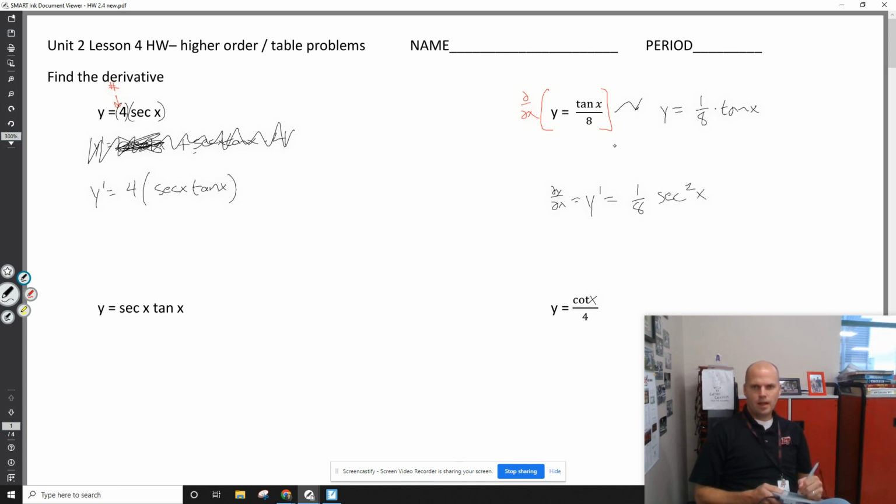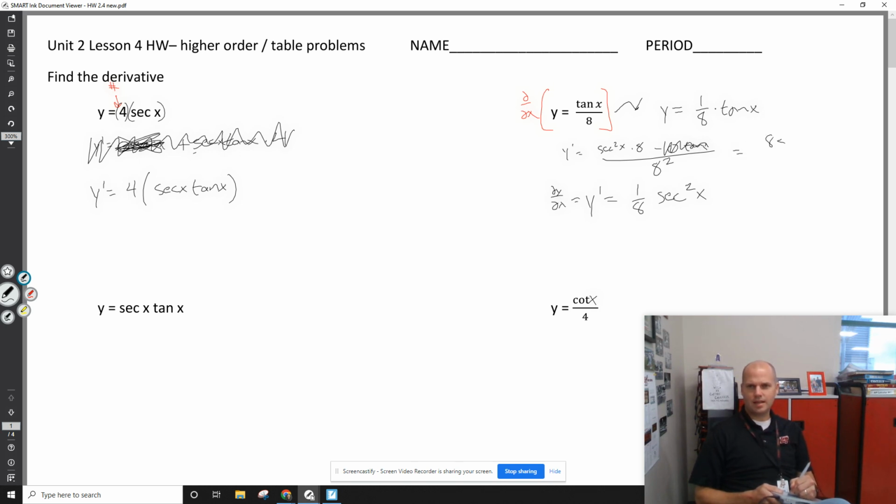Okay? And just to show you the quotient rule, you would have the derivative of the top times the bottom minus the derivative of the bottom times the top, which would go away because it's 0, all over the bottom squared.